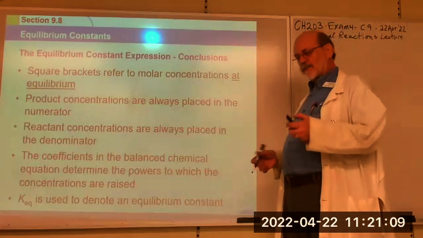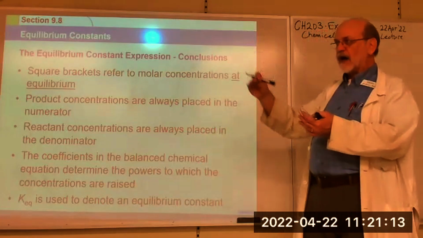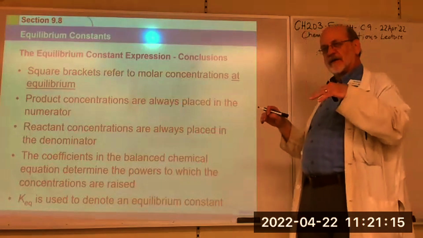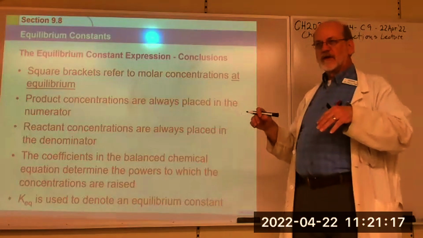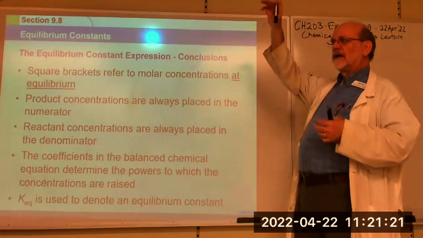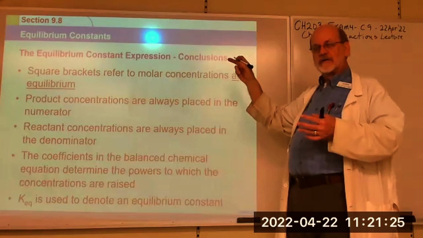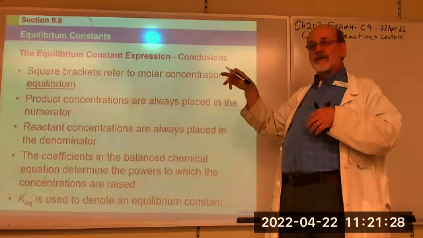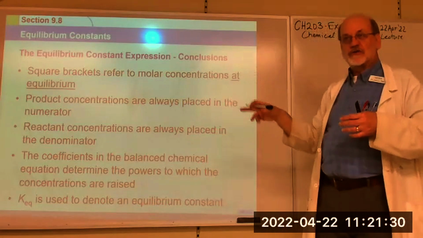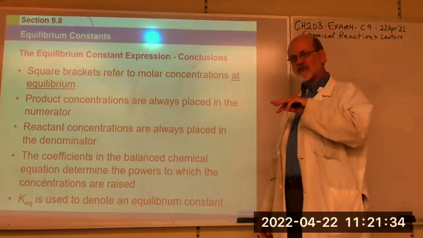And if you ever pick up a reference manual and it lists equilibrium constants for different reactions, it will never give you units. What it will do is at the top or the bottom, it'll say derived from molarities, or derived from, if they're all gases, partial pressures. Those are the two most common, molarities, partial pressures.